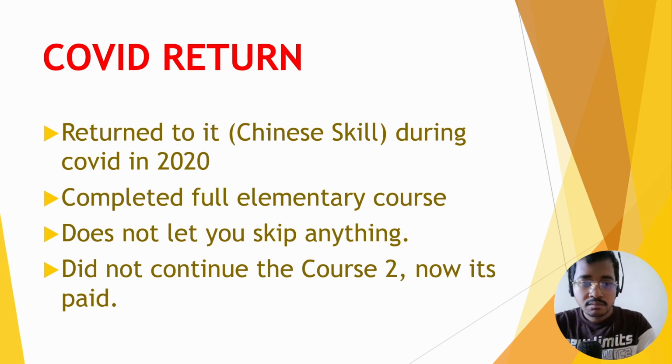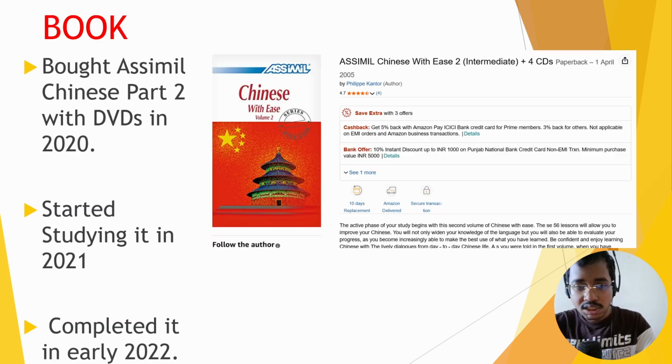And during that time, by the end of 2020, I bought this book. This is Assimil Chinese with Ease Volume 2. This is a self-learning course, and mind you, this is part 2, a continuation of a previous book which had 105 lessons. I did not buy that book.